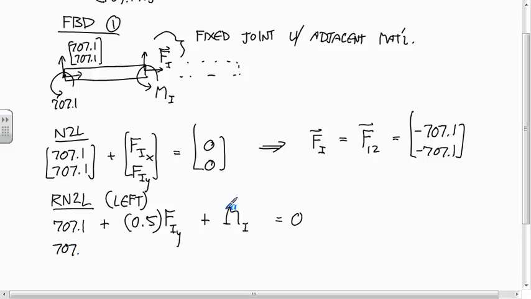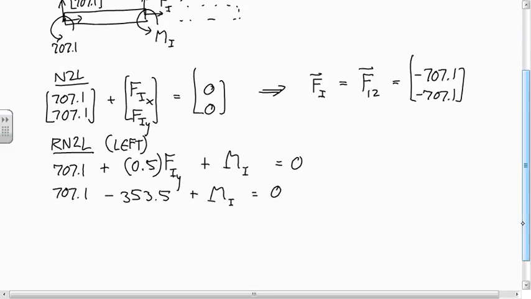So I can rewrite this since we know what Fiy is. So minus 353.5 plus Mi is equal to 0. And so Mi, which you can think of as the couple on 1 by 2, is equal to minus 353.5 Newton meters.